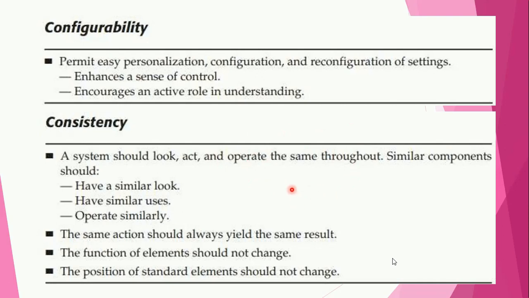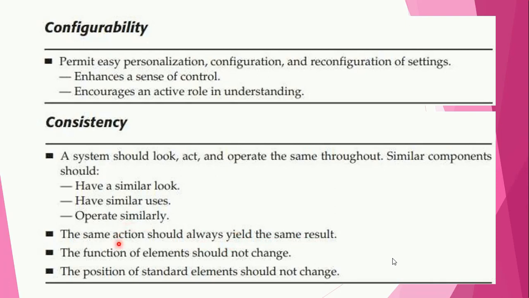And once you have clicked a certain icon, what is the usage of it? It may have a certain usage. The same usage has to be continued, maybe in the long run. Maybe 1 year or 2 years you may be using the system continuously. It has to show the same usage and operate similarly. The same action should always yield the same result.